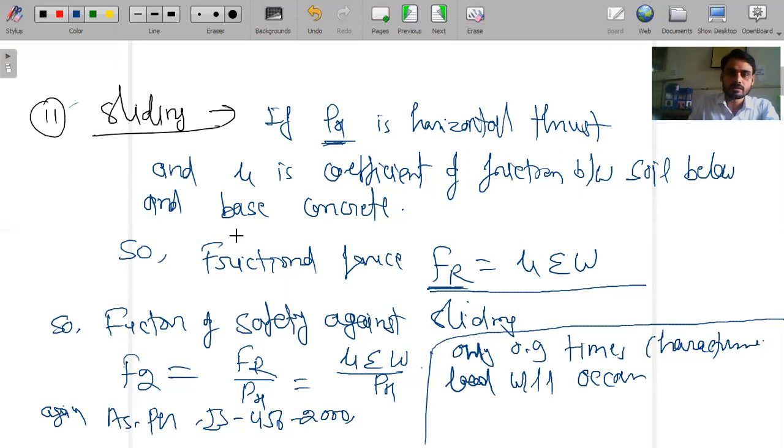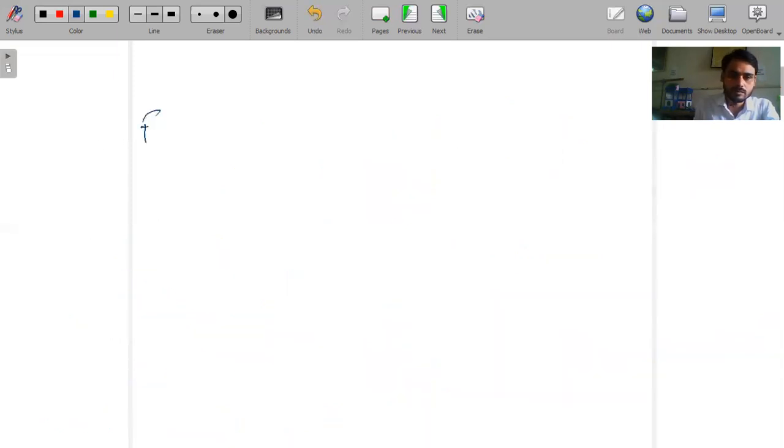So the factor of safety against sliding, F2, will be equal to 0.9 mu summation W divided by pH, and that value should also be greater than or equal to 1.4.